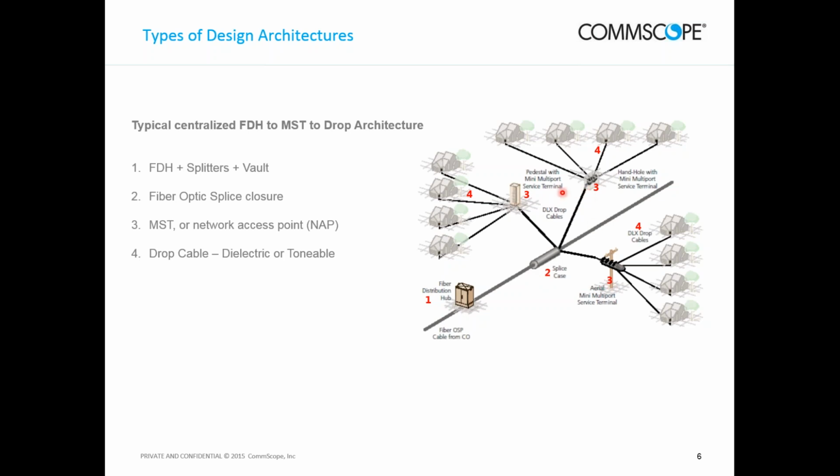Now those guys can be mounted either in a pedestal, a handhole, or on an aerial mount. It's also referred to as a NAP. I've heard them called several different things: MSTs, which is multi-port service terminal, NAP, network access point. I've heard them referred to as fiber taps. Fiber taps is not 100% correct because it is a home run from the hub out to the customer, but you get the point.